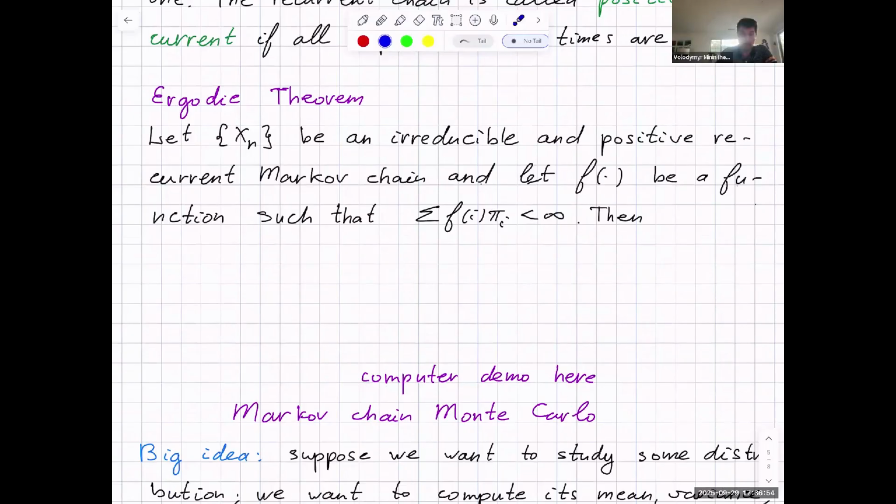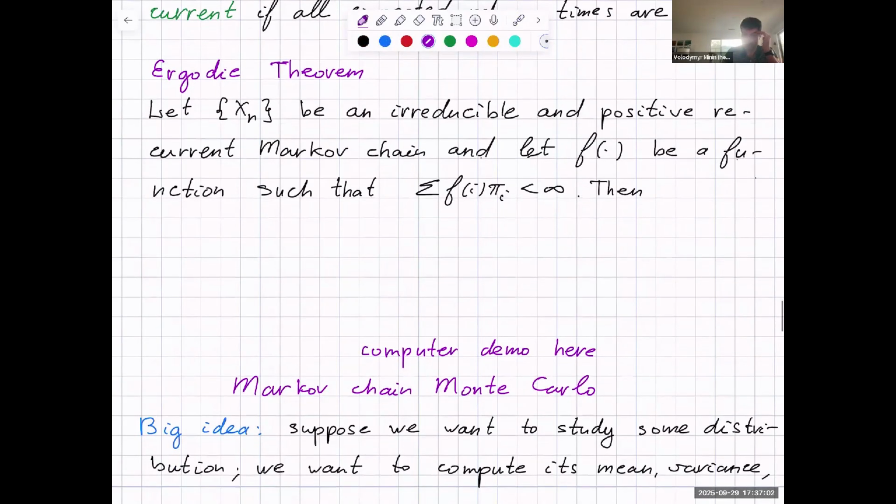Now, the ergodic theorem says that if you have a Markov chain which is irreducible and nicely behaved, basically positive recurrent, then you can do the following: you have some function, and you keep track of your steps.